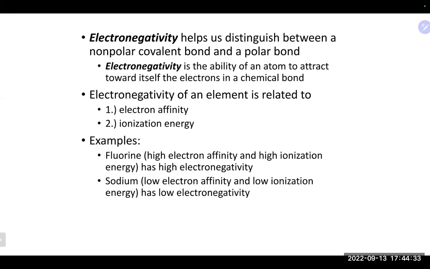Fluorine has a very high electron affinity and a very high ionization energy, which mean it's going to gain electrons and hang on to its electrons. Sodium, on the other hand, has a low electron affinity, which means it's probably not gaining too many electrons, and has a low ionization energy, which means it will not be too hard for it to lose its electrons along the way.